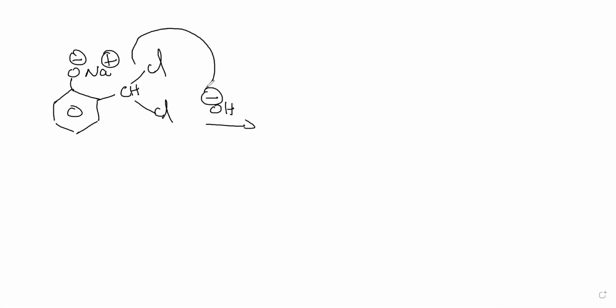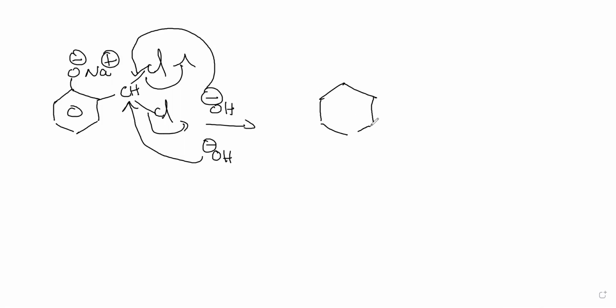OH minus will start hitting out this chlorine, and another OH will come and hit the other chlorine out. Like an SN2 reaction, it will happen. When that hits the chlorides out, what you get is O minus Na plus, and then this carbon will bear two OH groups.